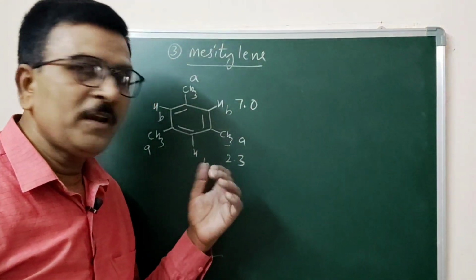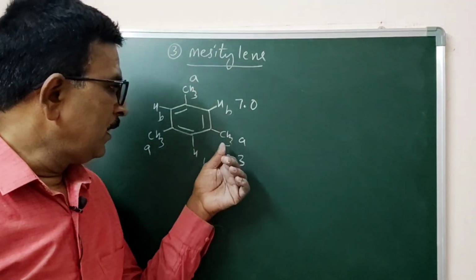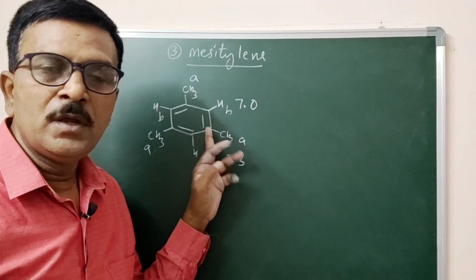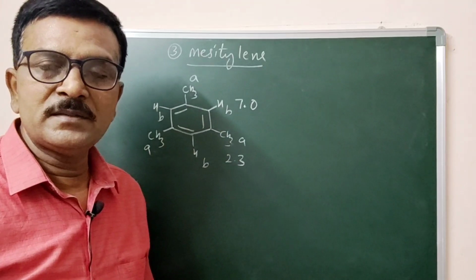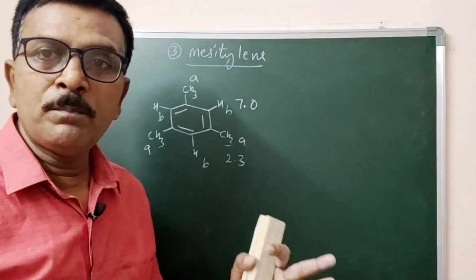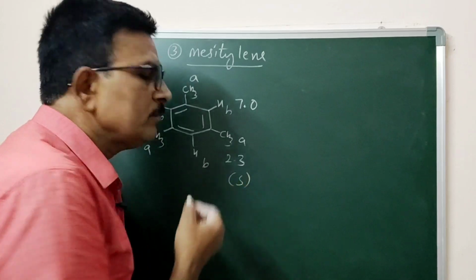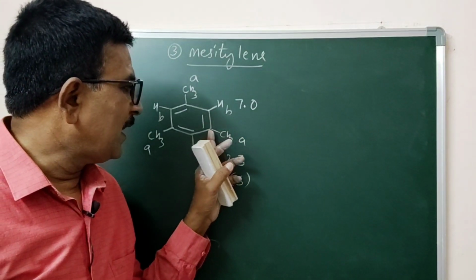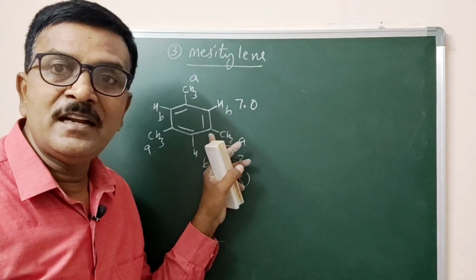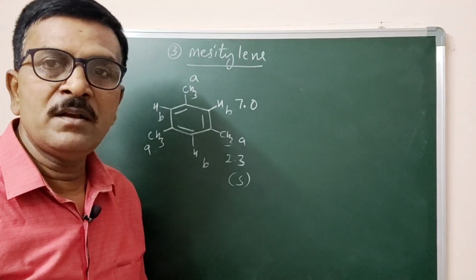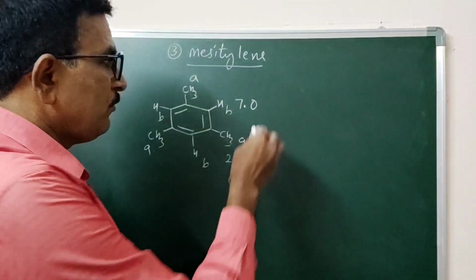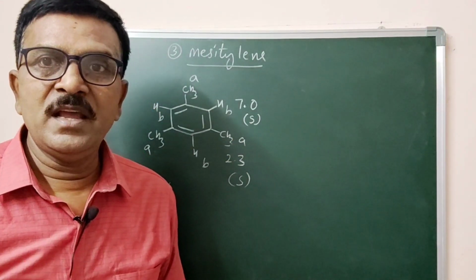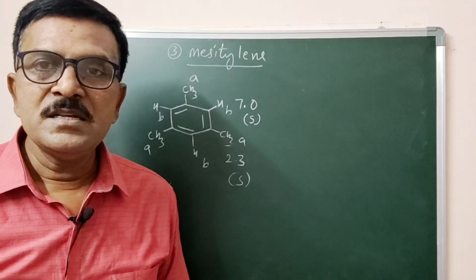Is it clear? Now coming to spin-spin coupling. Now this is the CH3 group attached with this carbon, which has no hydrogens. So the CH3 group has no adjacents. Therefore there is no coupling and it appears as a singlet. Similarly, the aromatic hydrogens also do not have any adjacent proton. They are not involved in the spin-spin coupling, therefore appear as a singlet. Both CH3 protons as well as the aromatic protons appear as singlets.